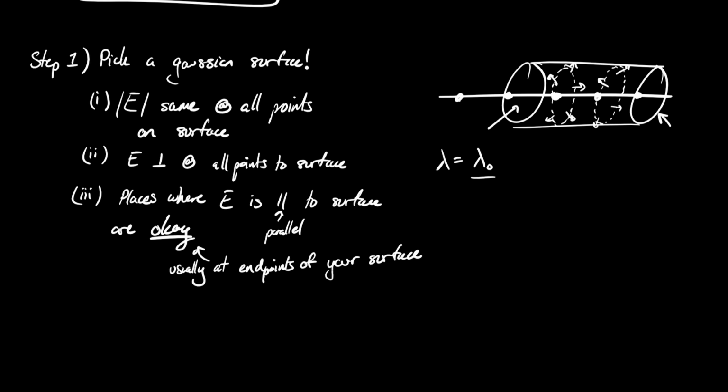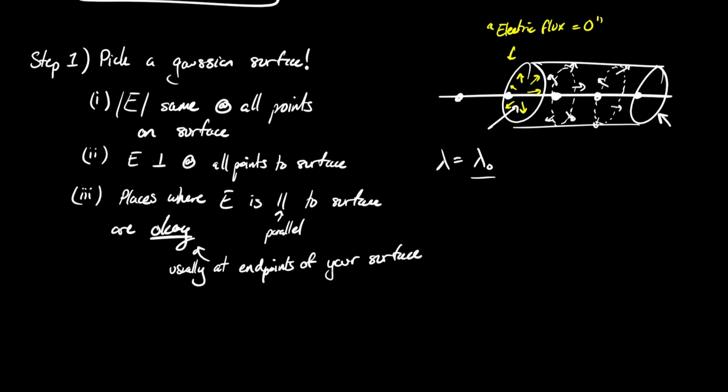So for example, on the ends of these cylinders, the electric field is pointing along the surface, radially outwards. So roughly speaking, the electric flux, which remember has that pesky cosine of theta factor, is actually 0.